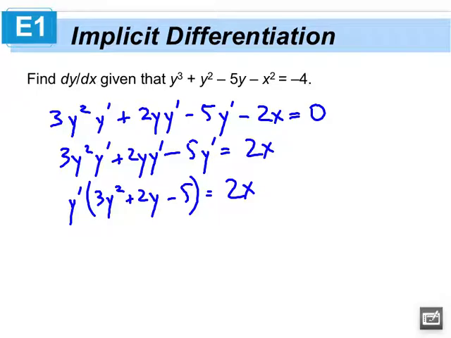Divide. Beautiful. Solve for y prime. Y prime is equal to this mess. And we're done.